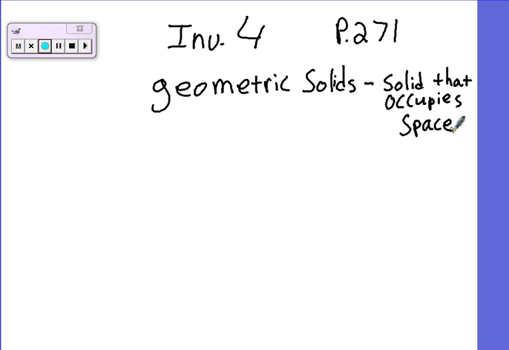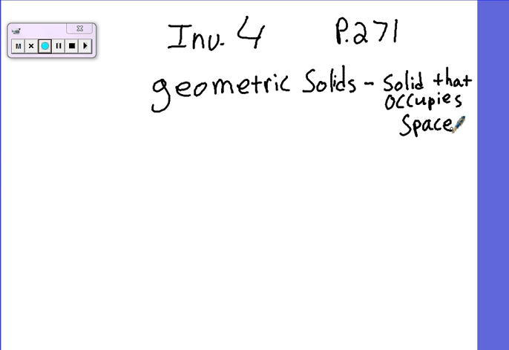These turkey things on your tables that you're making for that dinner are geometric solids. They occupy space, right? They're not just a drawing on a piece of paper. They were, and now they're not, right? So they occupy space.